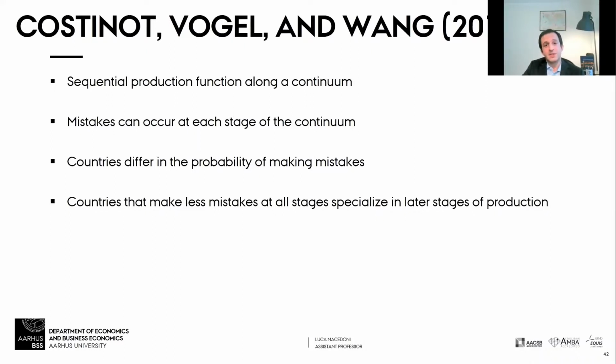Perhaps different inputs or different tasks differ in terms of low skill and high skill intensity. On top of that, there is perhaps also a probability of making mistakes. Okay? Countries specialize in different portions of this continuum.